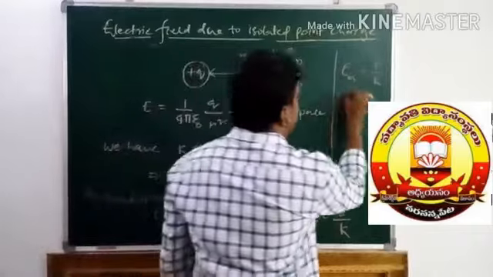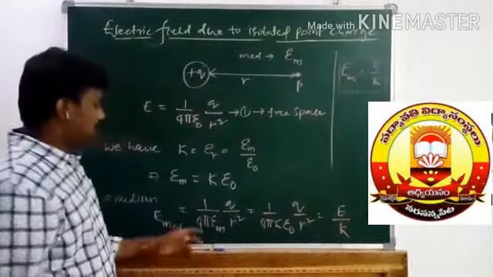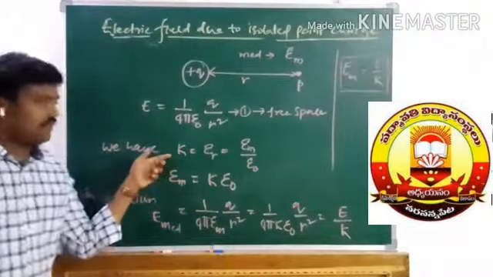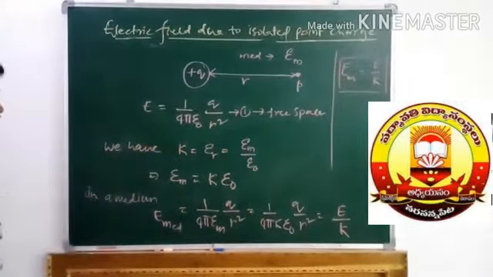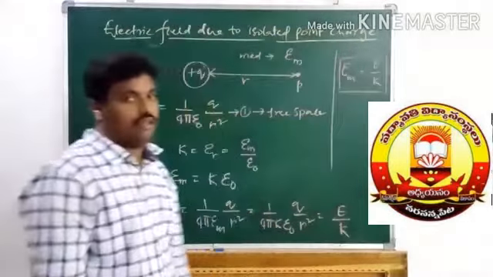So this formula is important, where K is the dielectric constant or relative permittivity. Yesterday we discussed this, so we have to remember this formula.